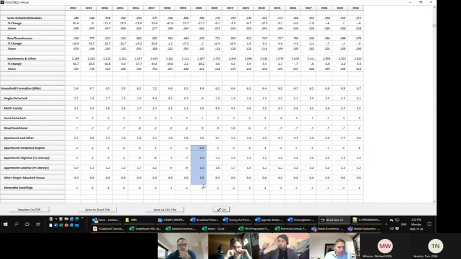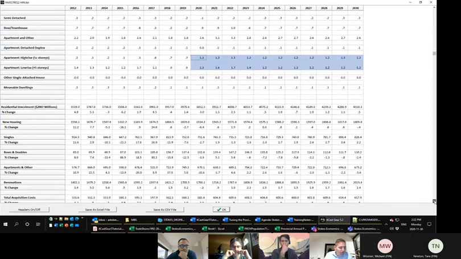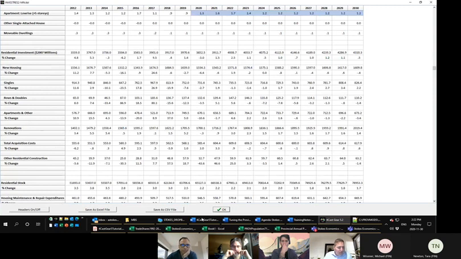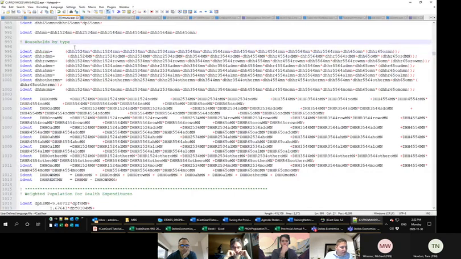So these groupings down here are summed up to get your aggregate apartment measure. But we still like to see what the big push is here. Is it high rise, low rise, all that kind of stuff. So all that information is contained in here as well. And then we also have the residential investment at the bottom. So that's all this is.